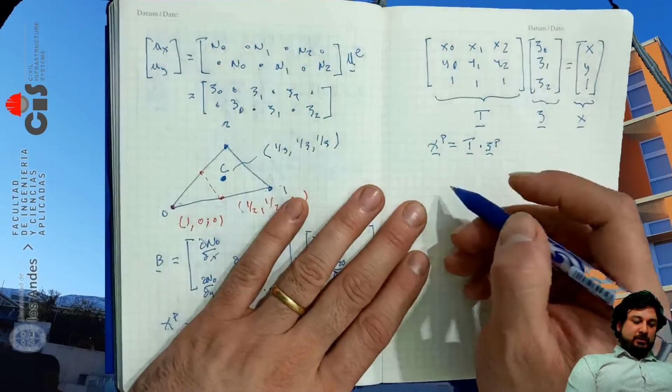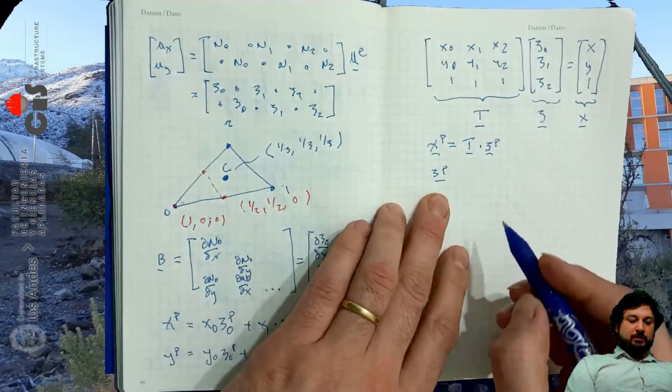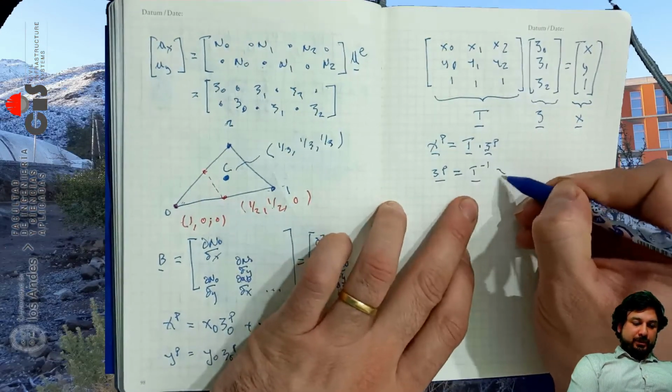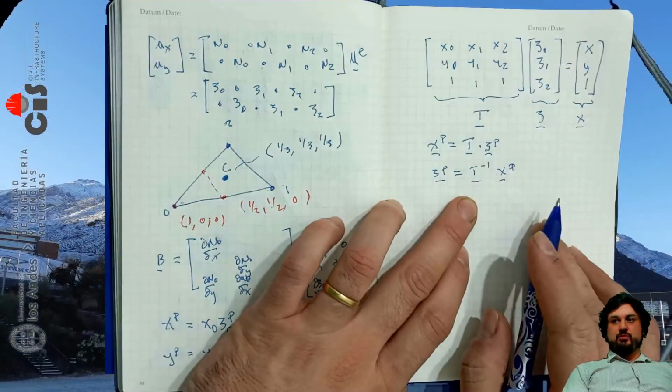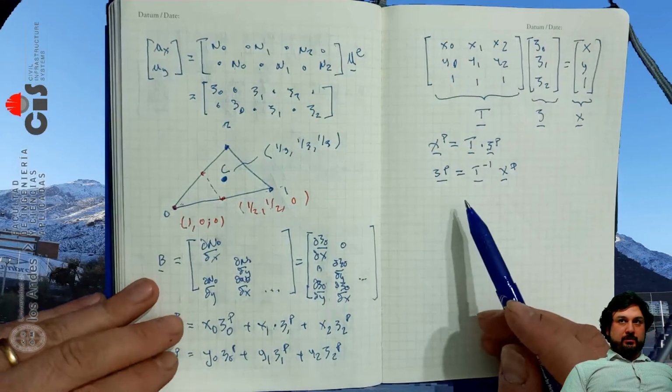And we have the inverse of that. So if you want the zeta coordinates of a point, you can use the inverse transform with the original xy coordinates of the point to get what you want.